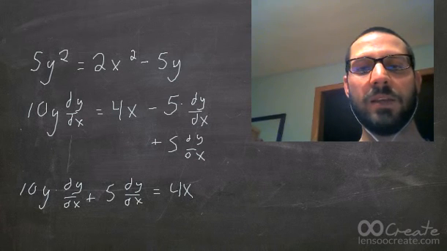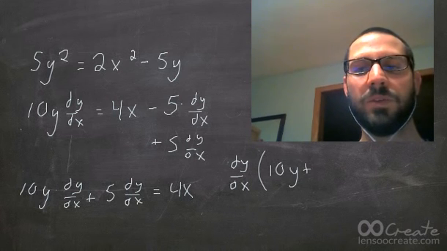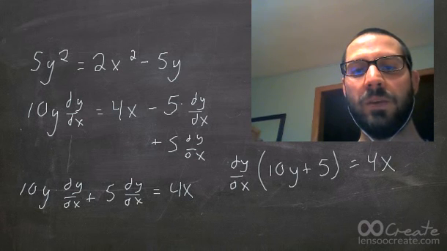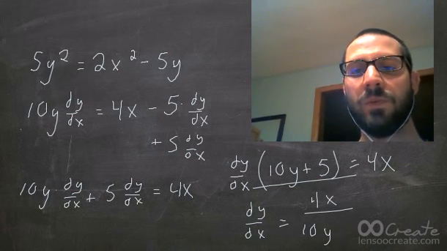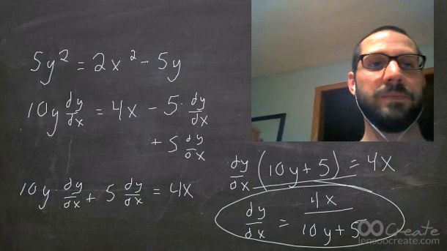Now I will show factoring out the dy/dx: dy/dx times the quantity 10y plus 5 equals 4x, divided over, dy/dx equals 4x over 10y plus 5. Sweet.